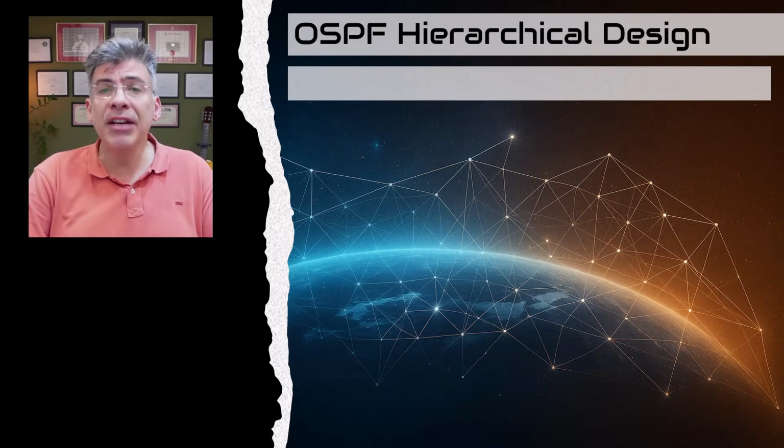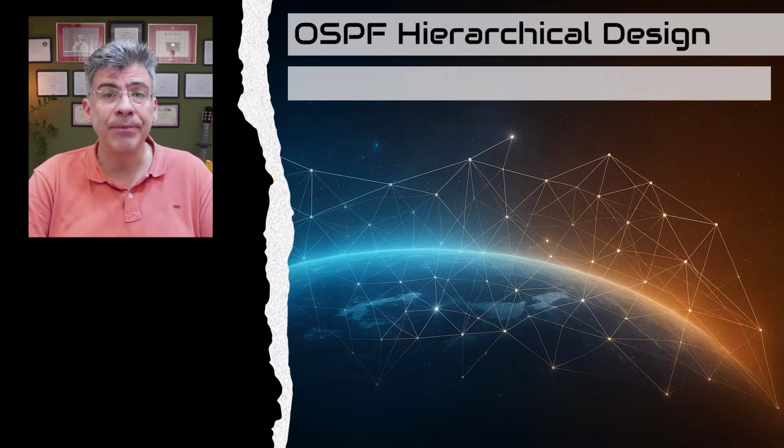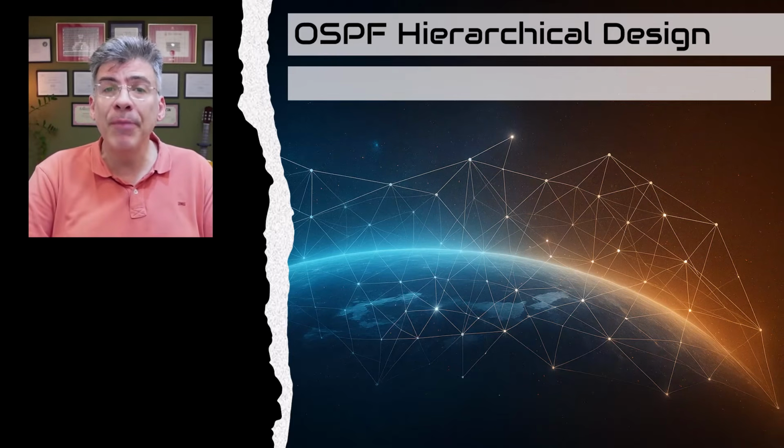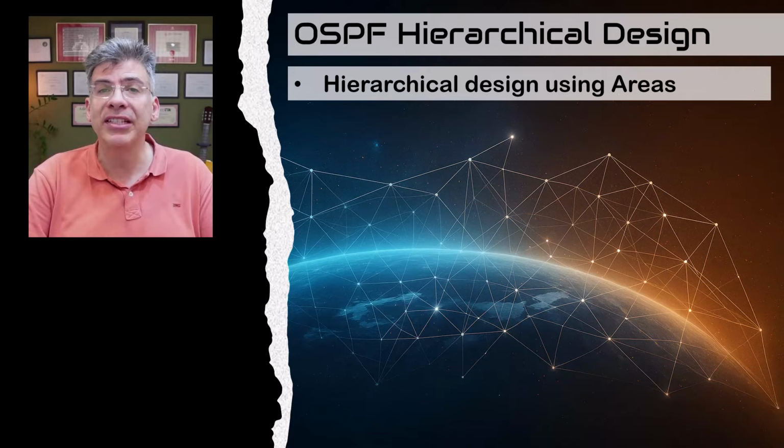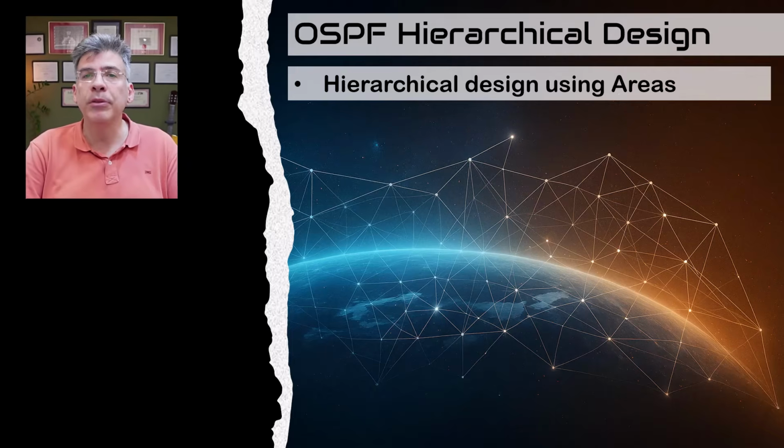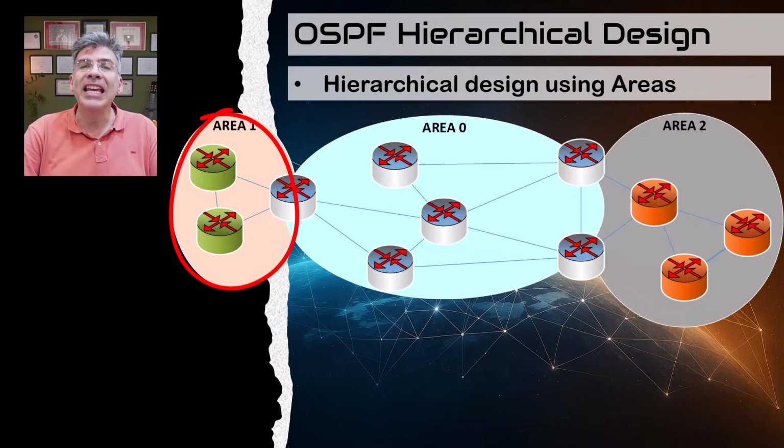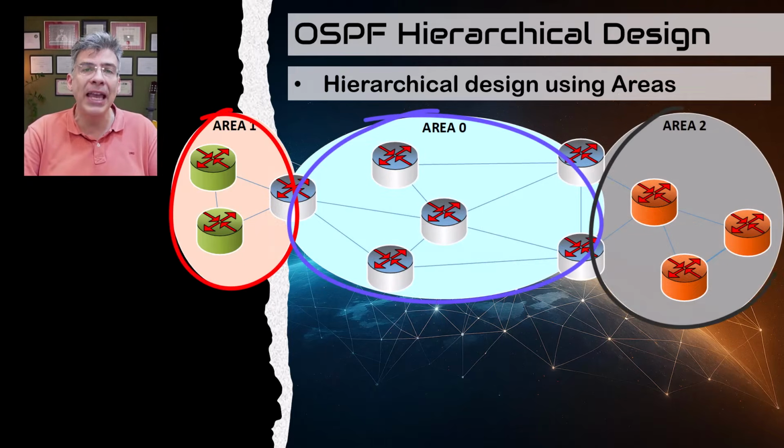Now, one of the major advantages that OSPF has as a protocol is its scalability. This scalability is primarily due to its hierarchical design, which uses areas. An OSPF network can be subdivided into multiple areas, each of which is a self-contained routing domain that helps limit routing overhead and speeds up convergence.